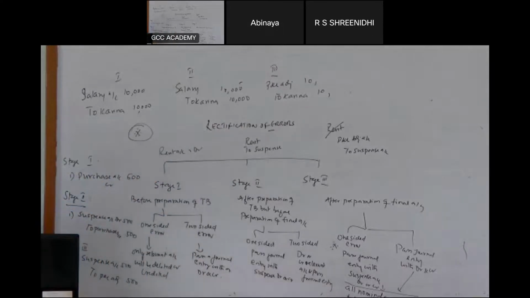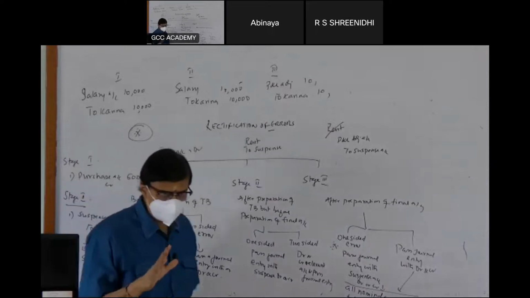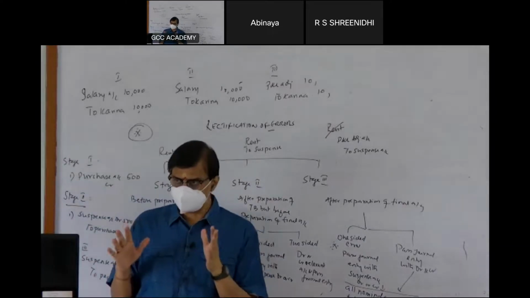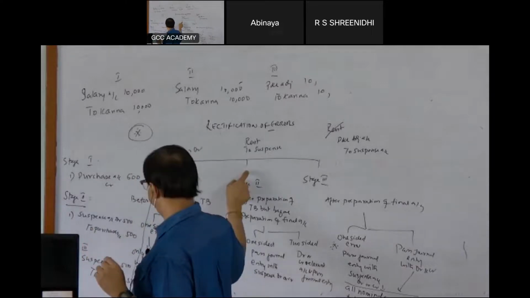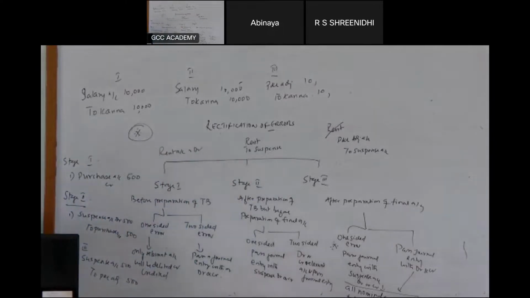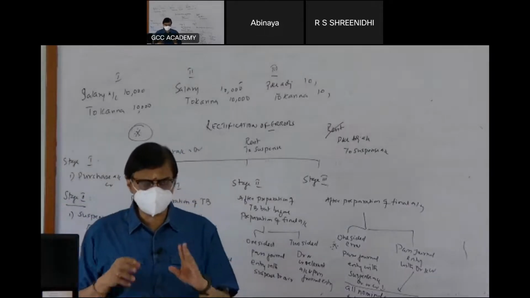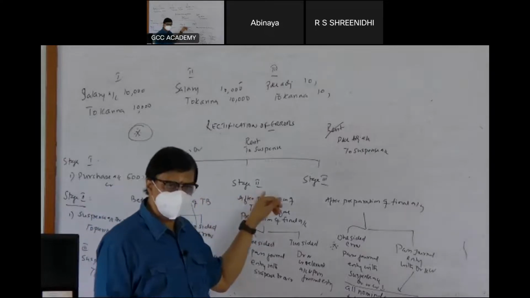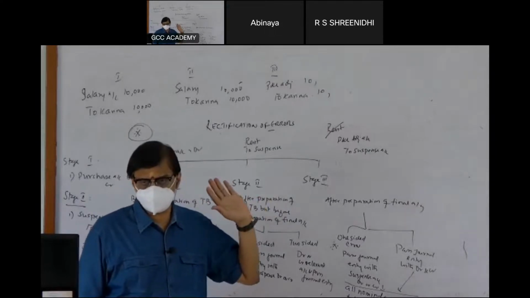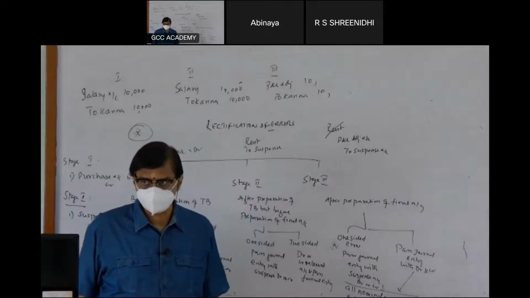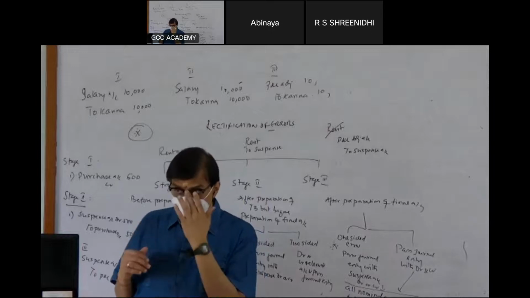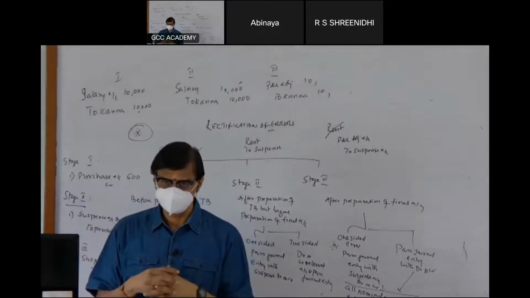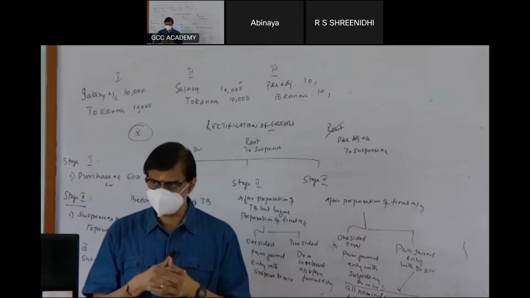Is it clear now? All of you clear? Always very important: normally, when an exam says rectify the errors, what stage should we assume? Whenever there is a question in an exam regarding rectification of errors, you should always assume it is a particular stage, because the question will not sometimes specify that. The reason I say stage 1, stage 2, stage 3 is that you need to be very clear that in each stage the entry is different. It's not one common entry for every stage.